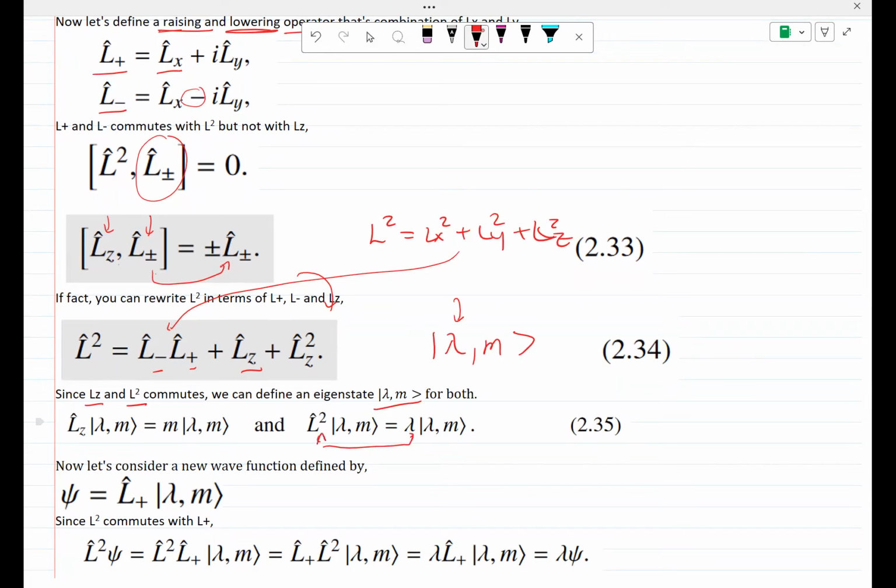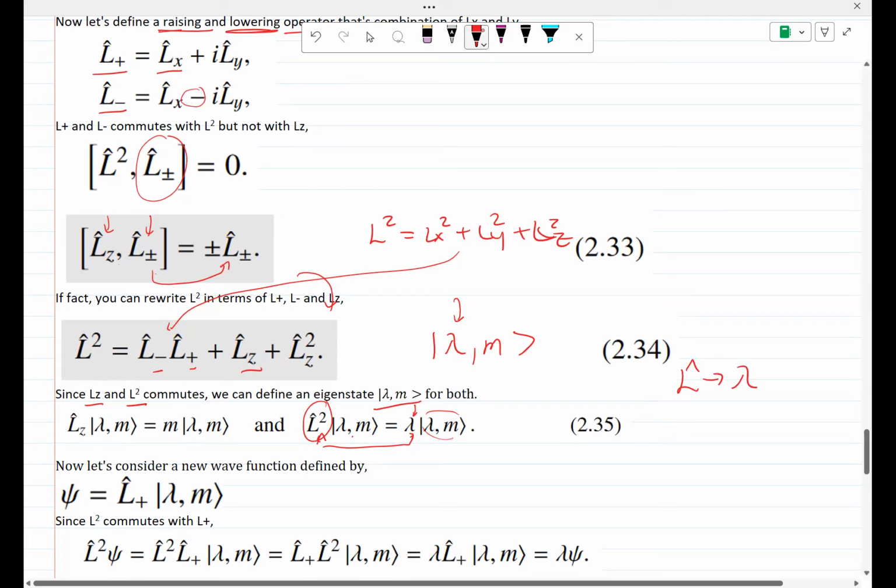You have an operator acting on the state, and it gives you the same state multiplied by lambda. So lambda is the eigenvalue associated with L square. And this label M is the eigenvalue for LZ. It's just labeling the state. They share the same eigenstate because they commute with each other, so you can measure both at the same time.